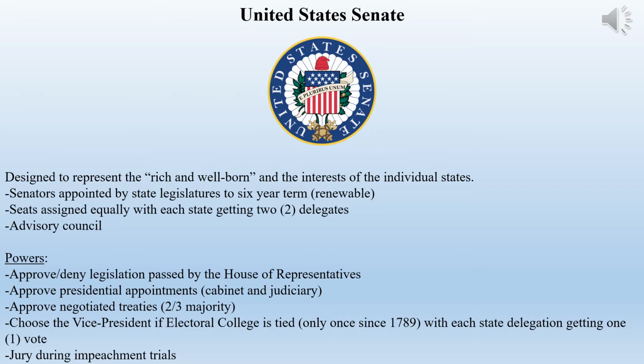President Johnson, President Clinton, and President Trump, even if they got over 50% saying yes, convict and remove, because it wasn't 67 or a 2/3 majority, they were not removed from office. So the Senate is the jury for a federal officer's impeachment.